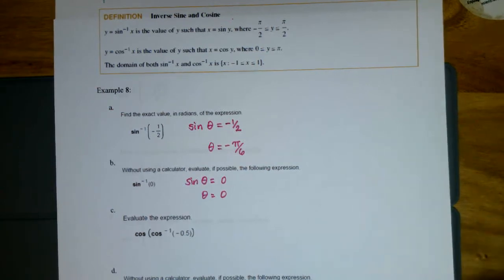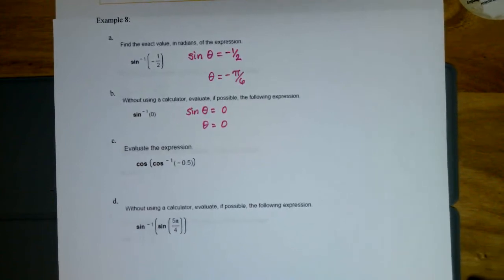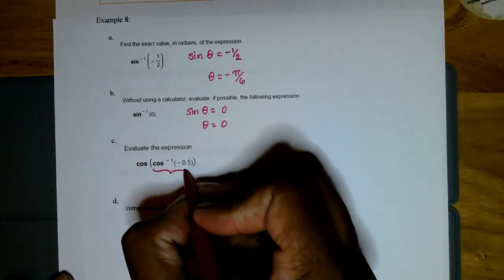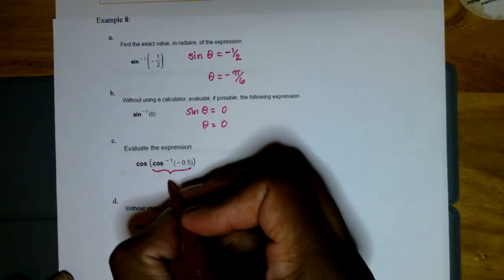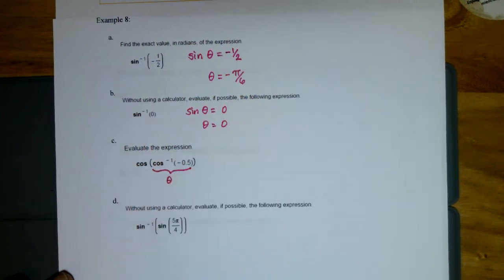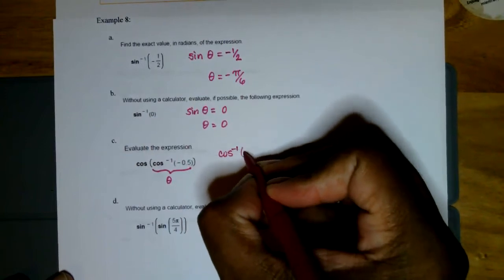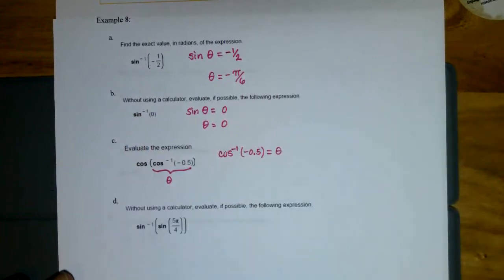Okay, now let's look at part C. In this case here, we want to evaluate the cosine of the inverse cosine of negative 0.5. Okay, so now let's focus on what's inside the parentheses here. The inverse cosine of negative 0.5. I'm going to label that as theta. So that means that the inverse cosine of negative 0.5 is equal to theta.